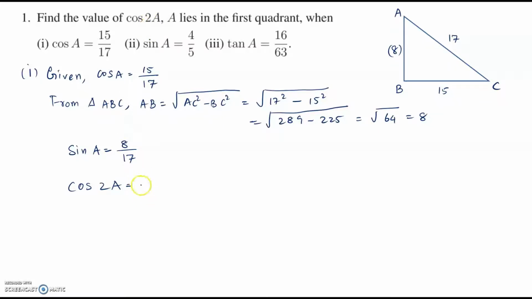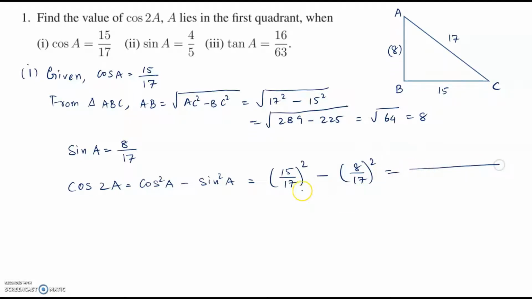So cos 2A is given by the formula cos squared A minus sine squared A. Okay, so since we have cos A and sine A, let's replace their values into this. So cos A is 15 by 17, so it's 15 by 17, the whole squared, minus sine A is 8 by 17, the whole squared, which is, we can keep 17 squared as our common denominator, which is 289.